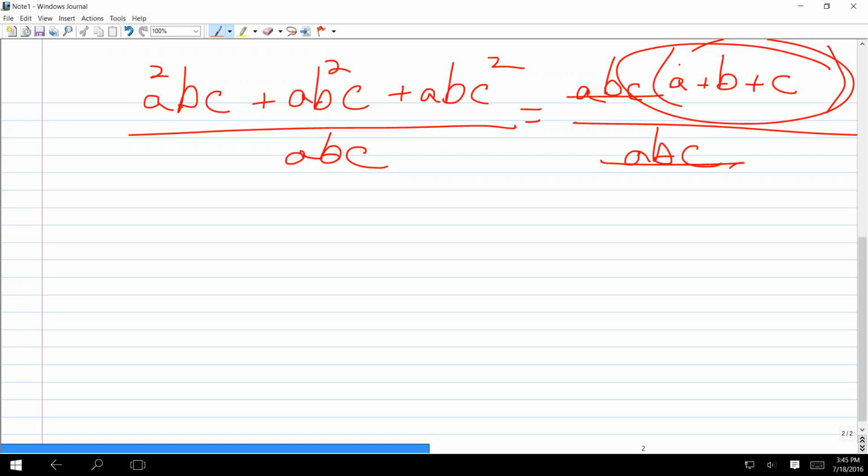So always be thinking factoring, always. Whether it's greatest common factor or difference of perfect squares or just a general quadratic factoring, always be thinking factoring.